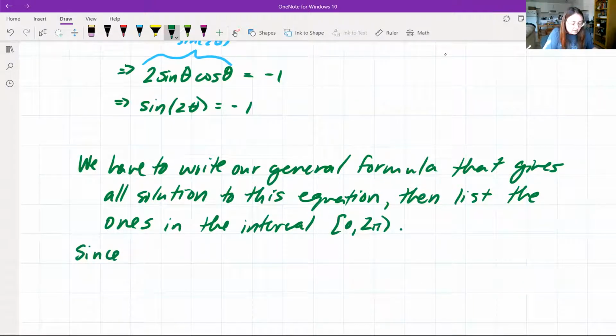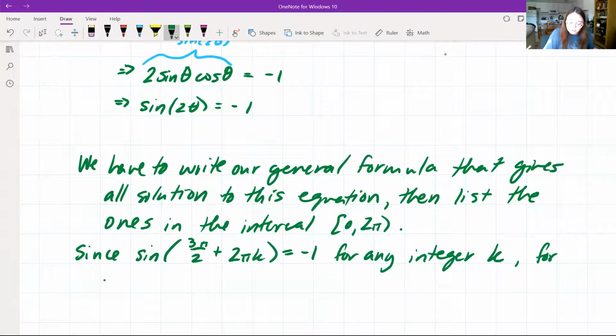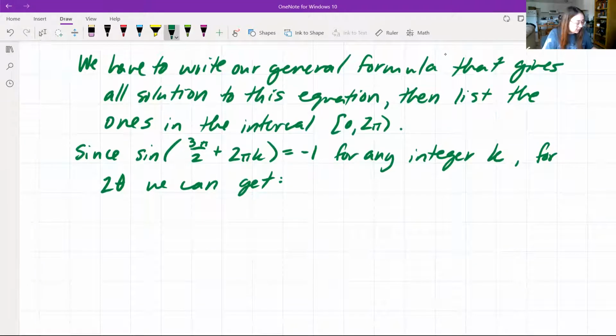Since sine of 3 pi over 2 plus 2 pi k gives us -1 for an integer k, for 2 theta we're stating that 2 theta is equal to 3 pi over 2 plus 2 pi k.